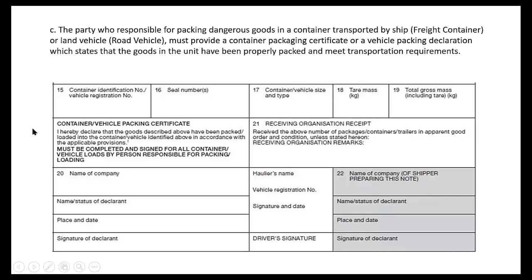So this is in the part below, in the bottom left side, there will be information related to the container identification number, seal number, container vehicle size, then there will be words like this, container or vehicle packing certificate. I hereby declare that the goods described above have been packed, loaded into the container or vehicle identified above in accordance with the applicable provisions.